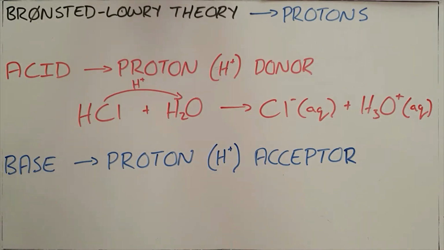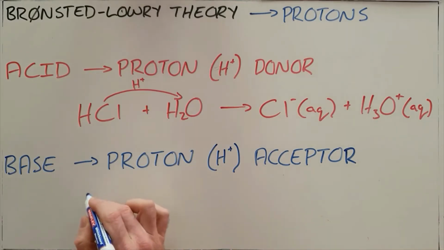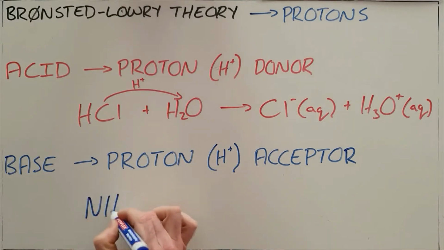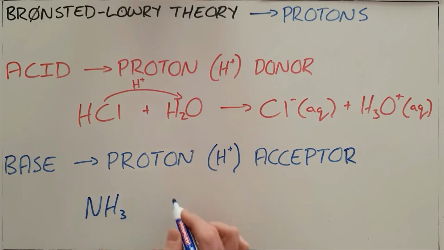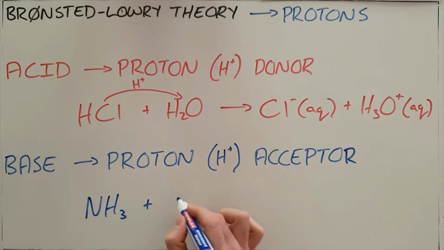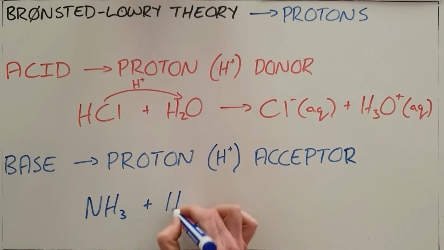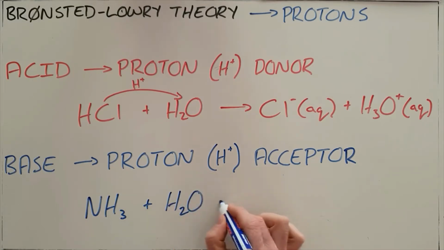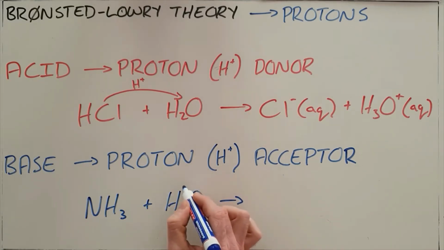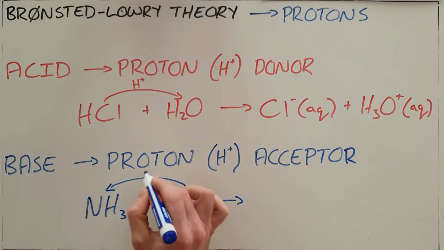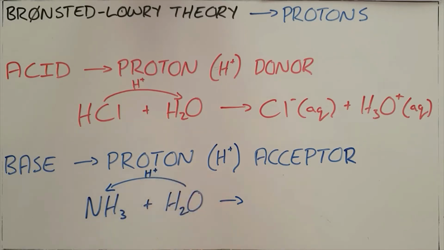In the same way, we can say that a base is a proton acceptor, and we can show that this is possible with ammonia when it reacts with water, because the ammonia is able to accept a proton from the water molecule.